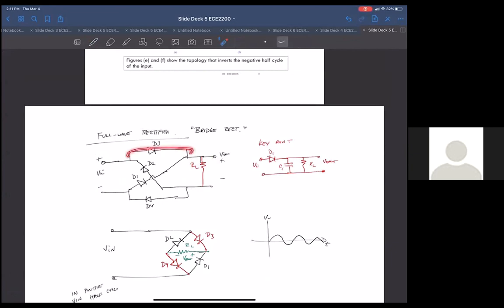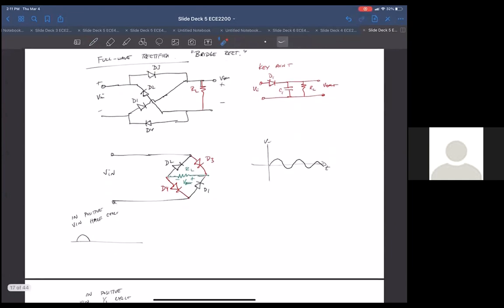You can think of these as being switches that flip the relationship between V out and Vn depending on which direction Vn is going, to always assure that V out is outputting a positive version of Vn.